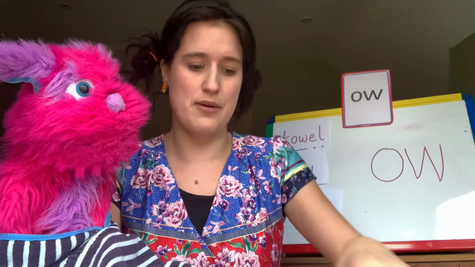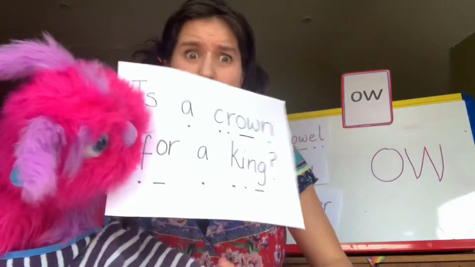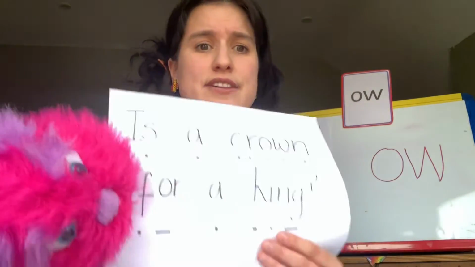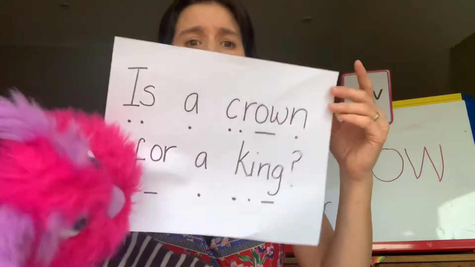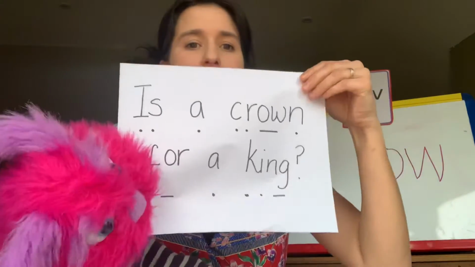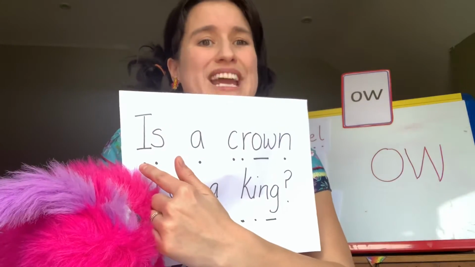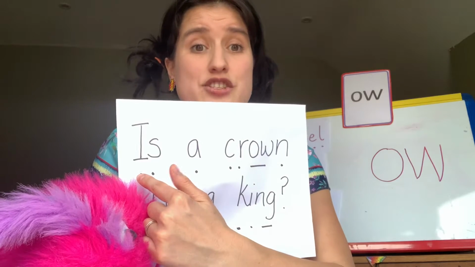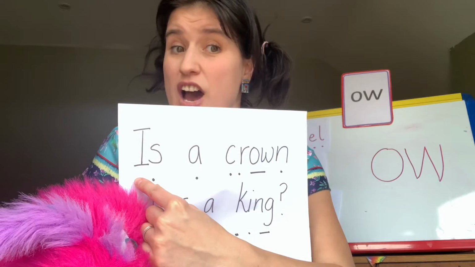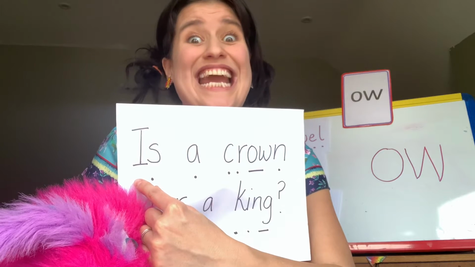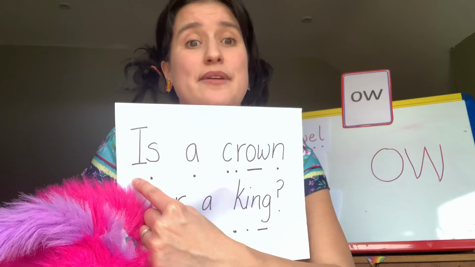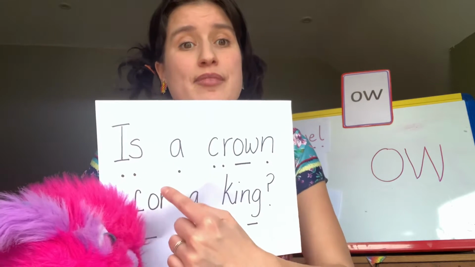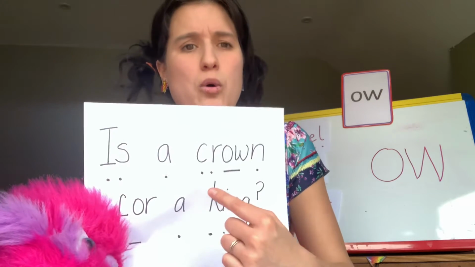Okay, right. Are we ready? Well, this is a long question. Keep looking for that sound of the day, everybody. Now, remember, this is a capital I because it's at the beginning of a question. So even though it looks like an I, it still says I. Capital I. So is a.